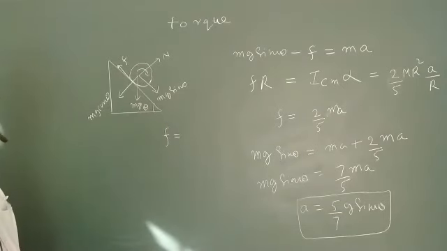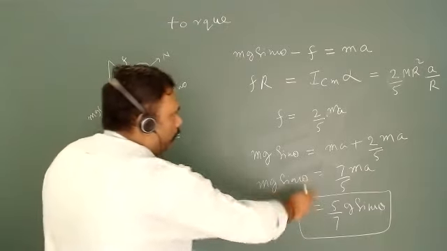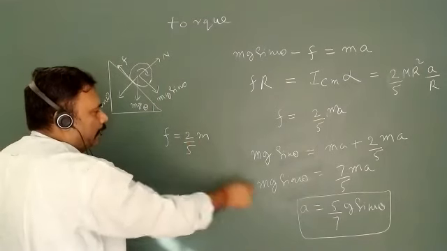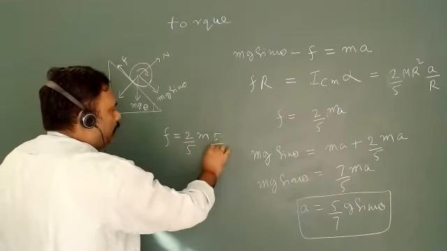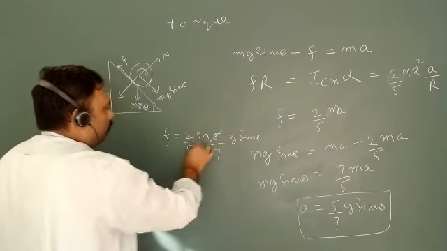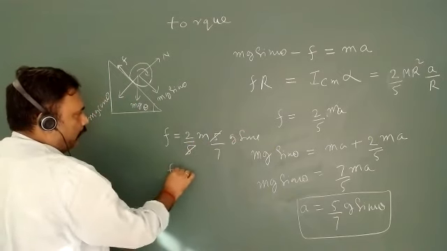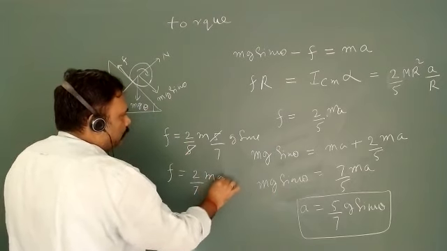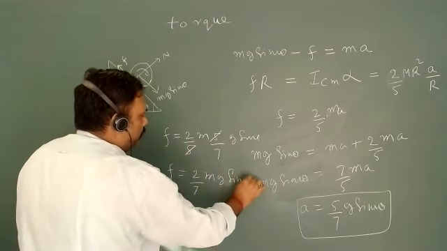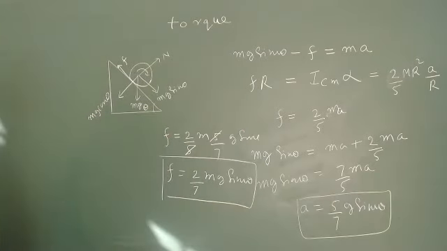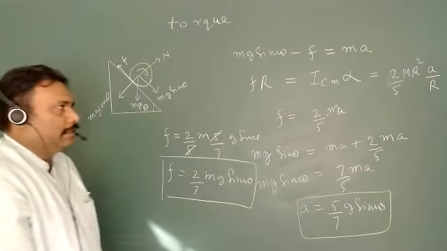When I put the value of a here, that means 2 by 5 m times 5 by 7 g sine theta, this 5 will cancel out. My frictional force is 2 by 7 mg sine theta, and this is a static friction.